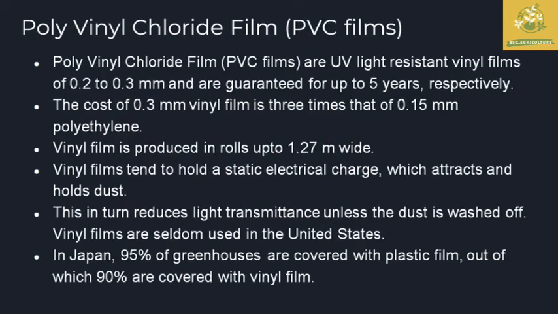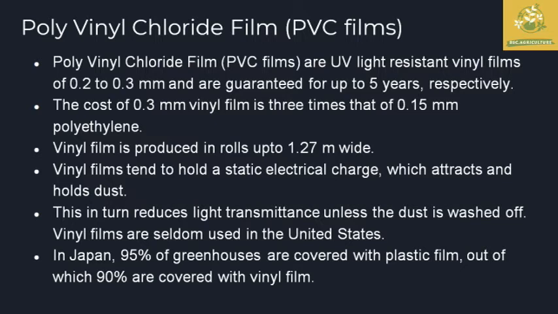And after that, we are going to see about the polyvinyl chloride films, which are also known as PVC films. So these are the films which are said to be UV light resistant vinyl film with a thickness of 0.2 to 0.3 millimeter, and they also have a guaranteed life period of up to 5 years.